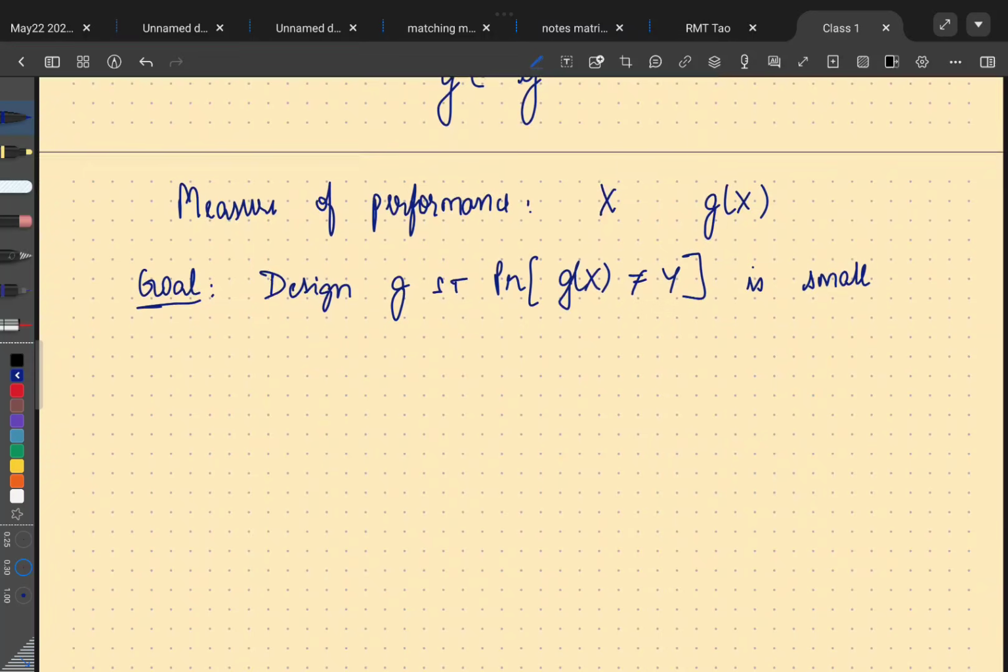If we knew what pxy is, then choosing such a G is straightforward because we know the class of all functions where we can choose G from. We know the joint distribution pxy. You just evaluate this probability of misclassification for each G and choose the best G from this class. But I don't know pxy.